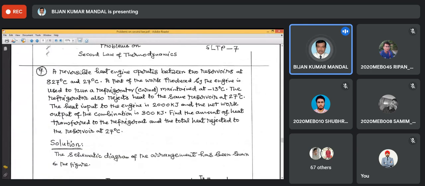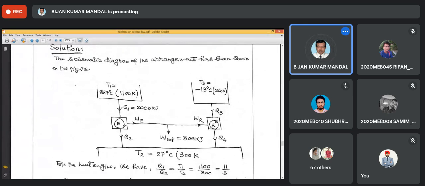Okay, let us see the arrangement. Look here. This is the temperature T1, 827 degrees centigrade. That is running between this temperature and T2 equal to 27 degrees centigrade, that is 300 Kelvin. So a heat engine is running. Just study this figure quickly.